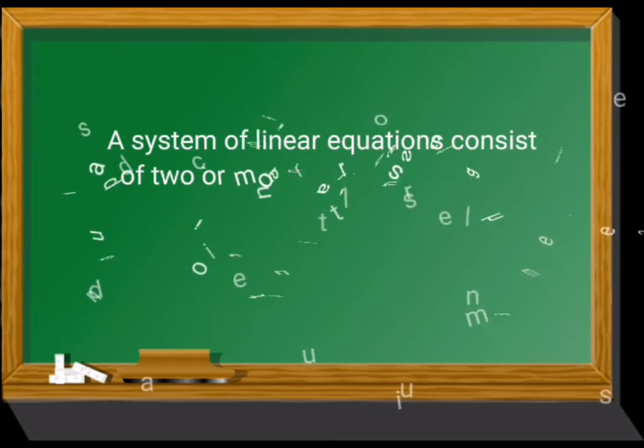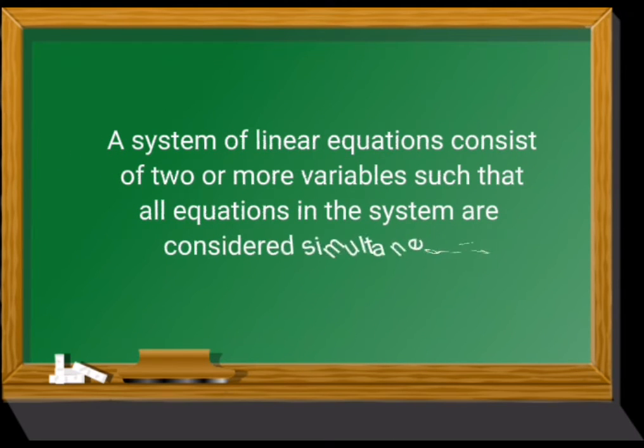A system of linear equations consists of two or more variables such that all equations in the system are considered simultaneously.